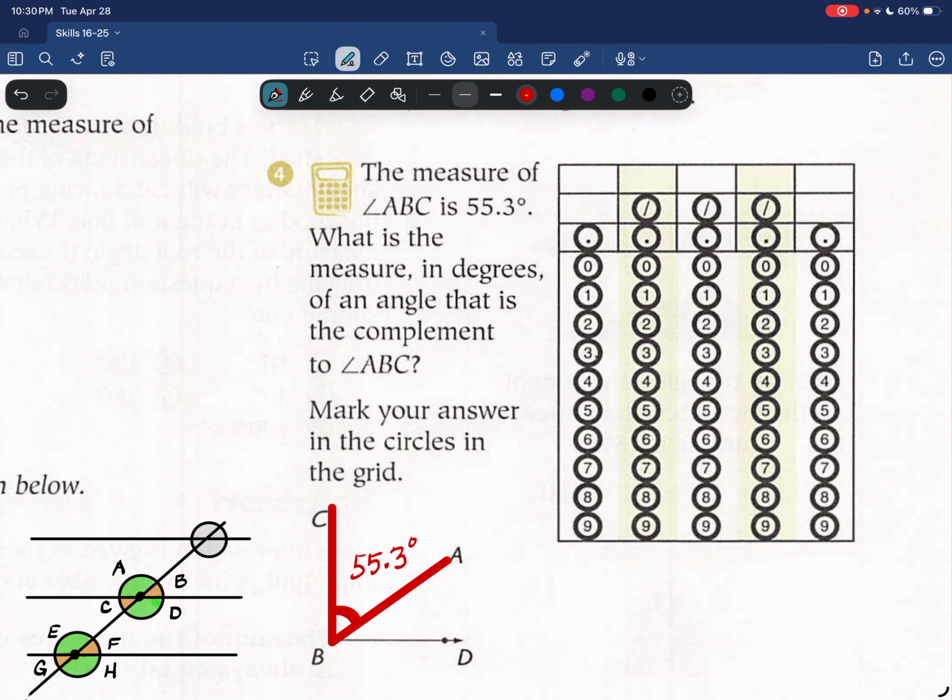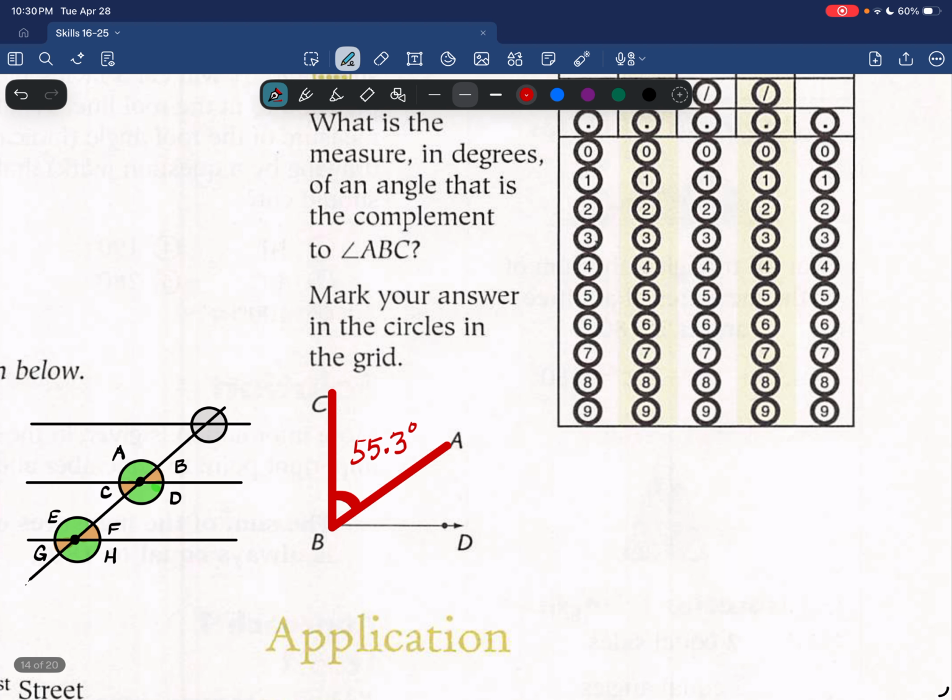What is the measure in degrees of an angle that is the complement to angle ABC? Mark your answer in the circles in the grid.